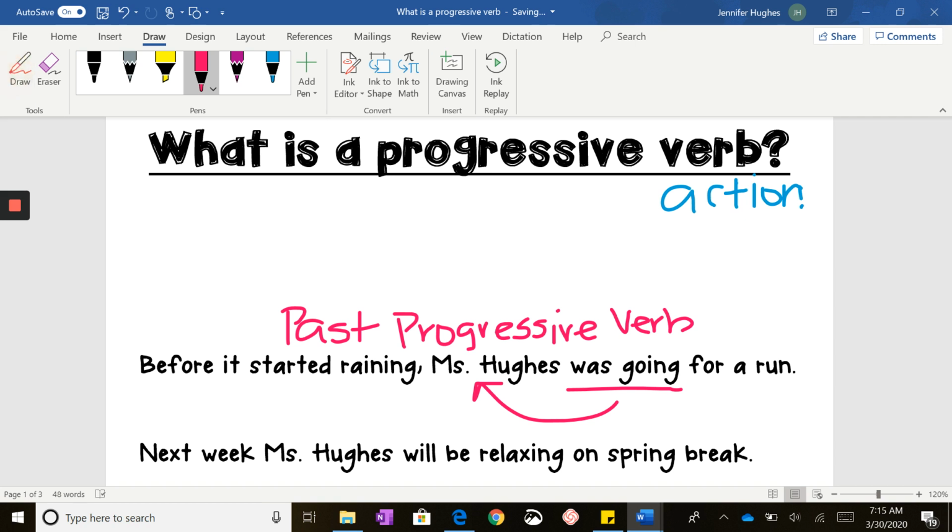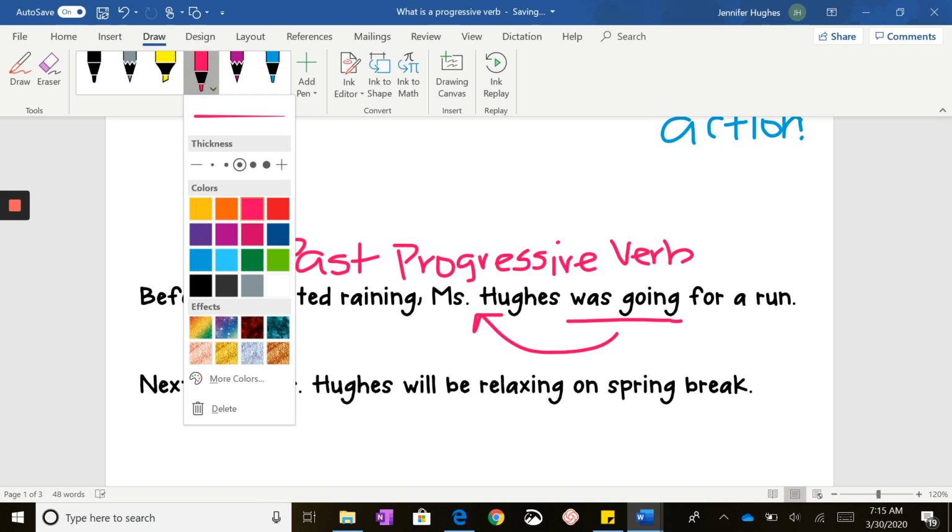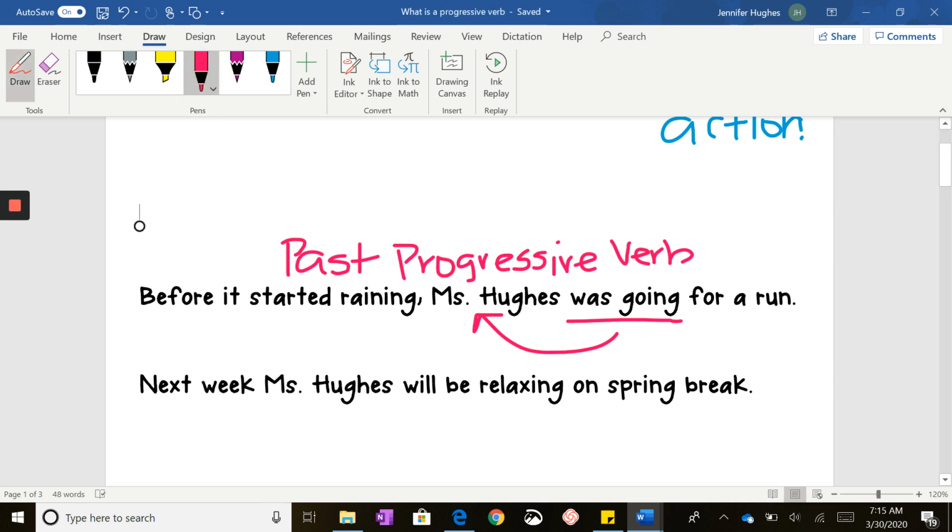Now, we also have future progressive verbs.